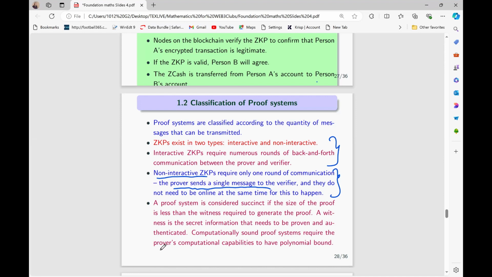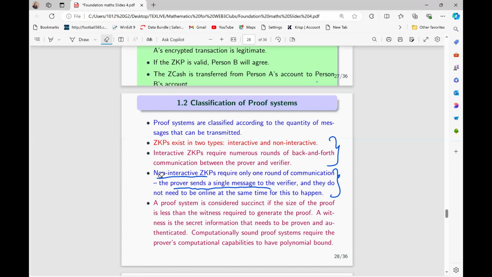Before I go to the details of these non-interactive zero knowledge proofs, since we are interested in the blockchain and will be looking at them in a short while, I want to define what we mean by a proof system being sanctity.